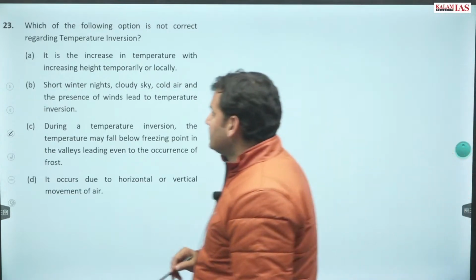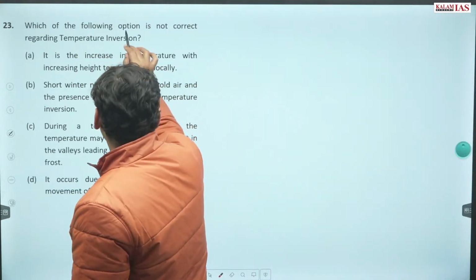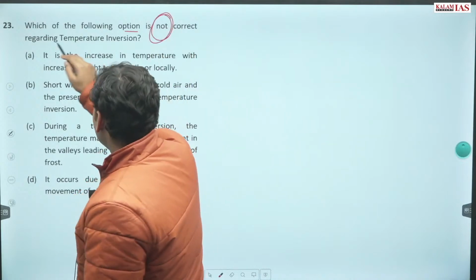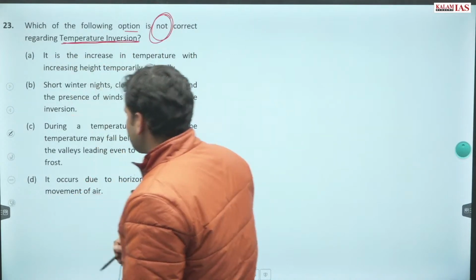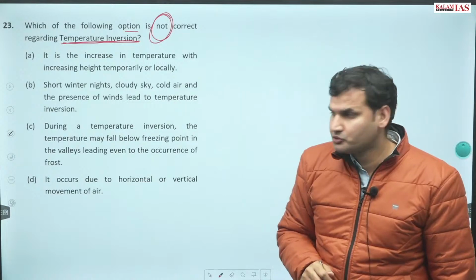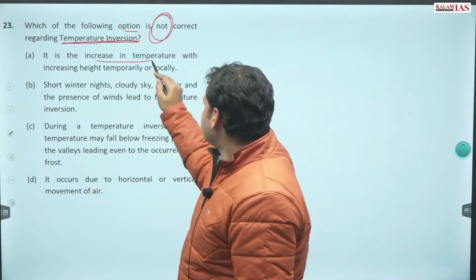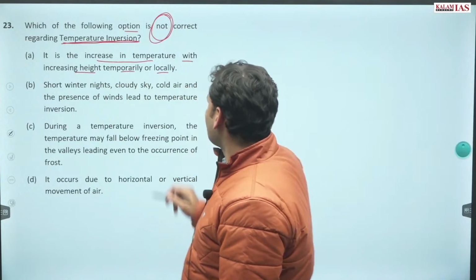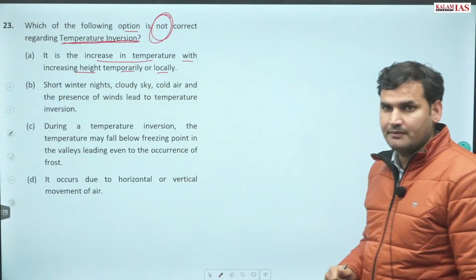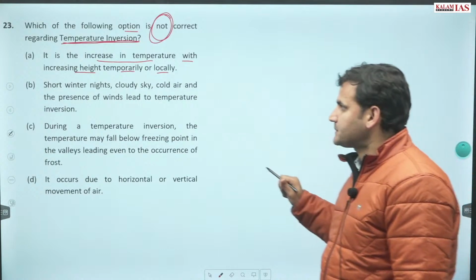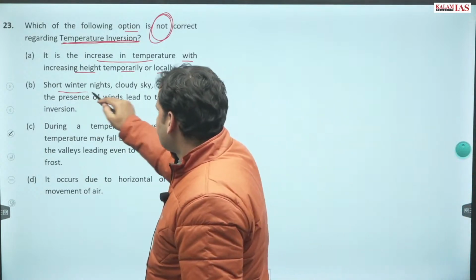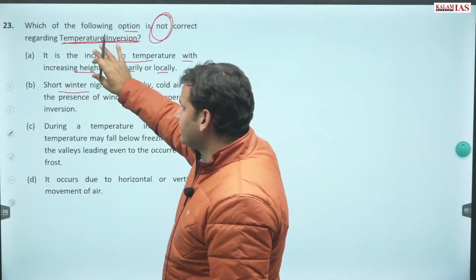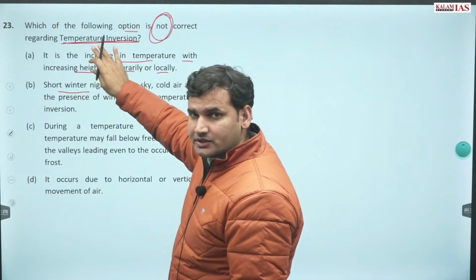Moving to question number 23. Which of the following option is not correct regarding temperature inversion? Asked about temperature inversion. It is an increase in temperature with increasing height temporarily or locally. Short winter nights, this obviously means temperature inversion.